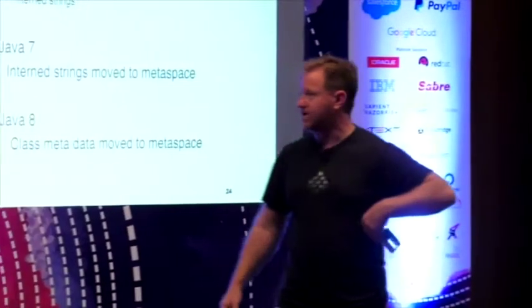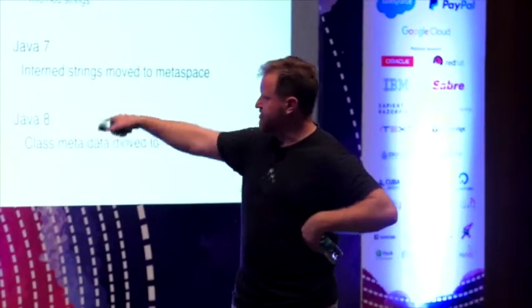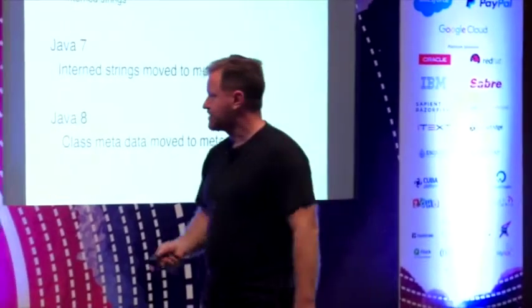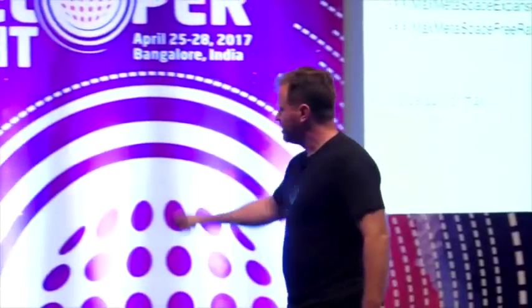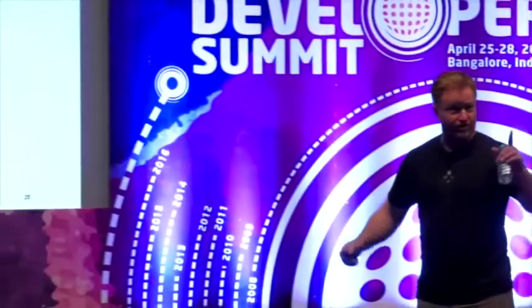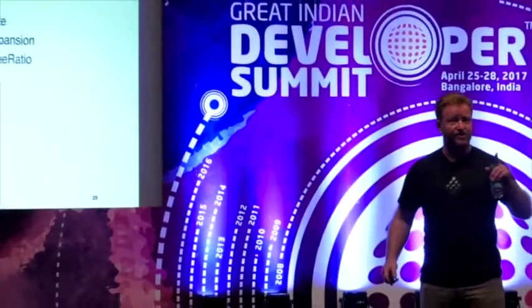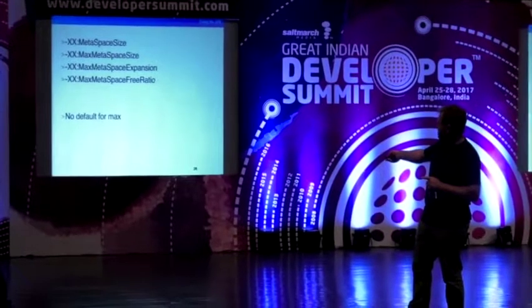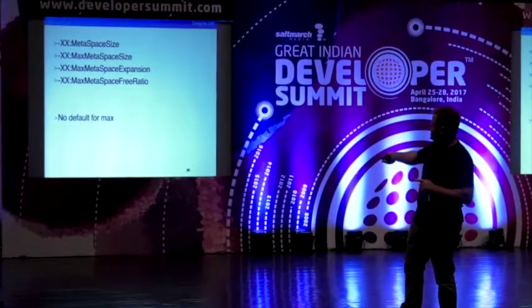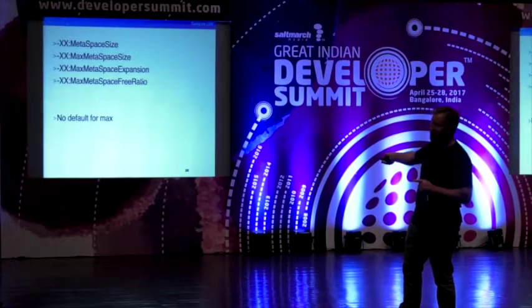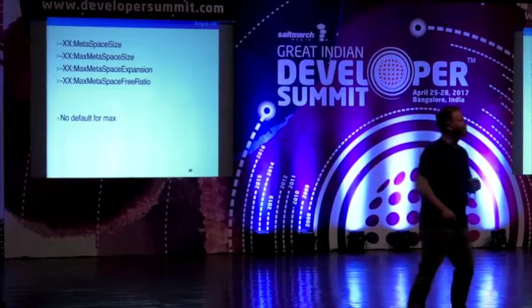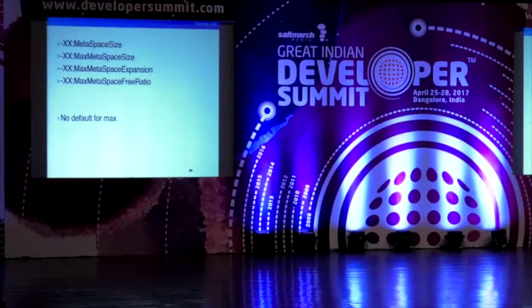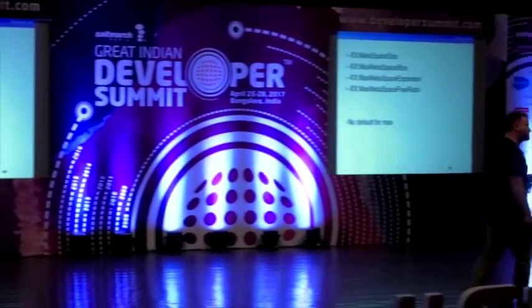I think I'm a slide away. Here's the evolution of changes that have been pulled out of perm space, as I mentioned. The new thing here that is quite different because we're working with native space is the flag for the max metaspace expansion and the max metaspace free ratio. If I'm going to be pulling things out of native space, I have a couple of concerns.